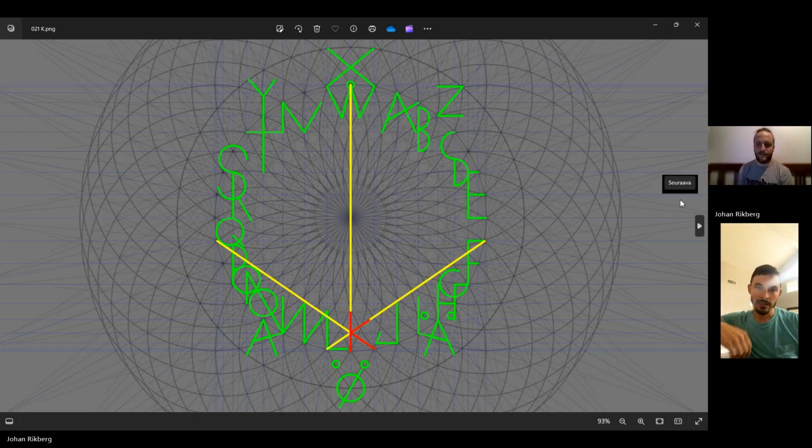Yes, and you know, the symbol is kind of interesting. It's like the A is there if you just move the pole around.